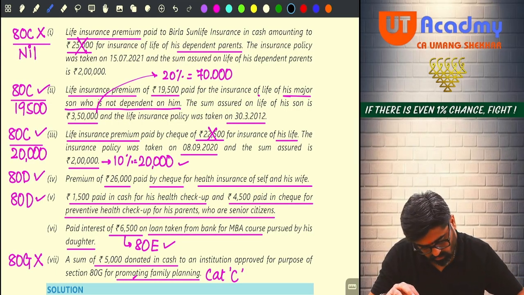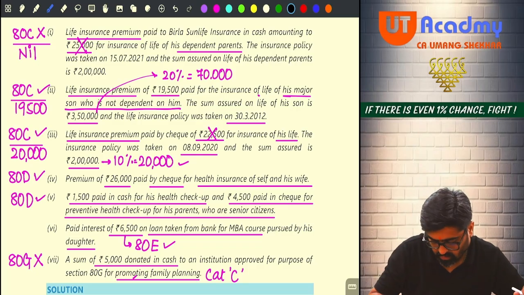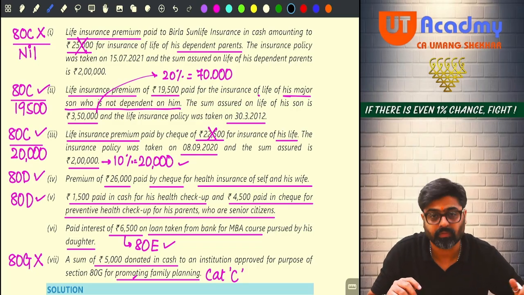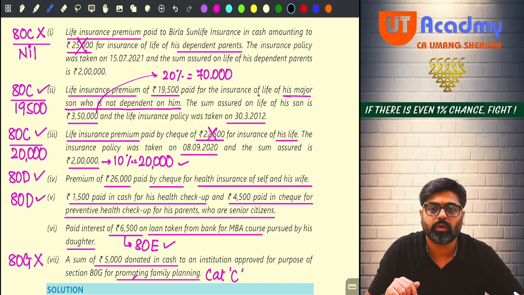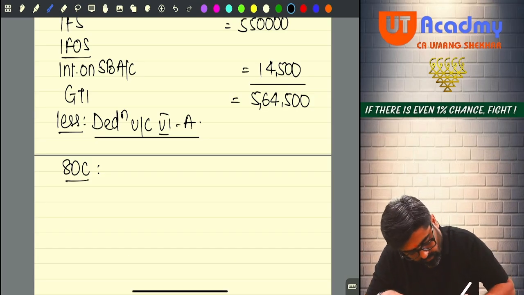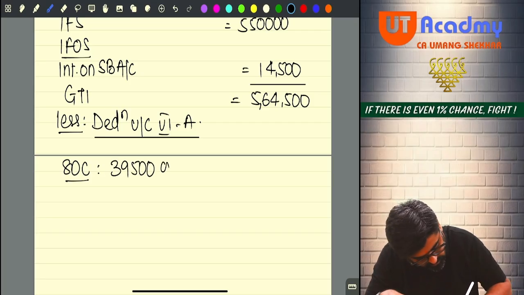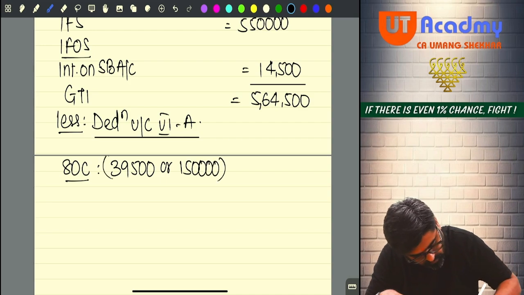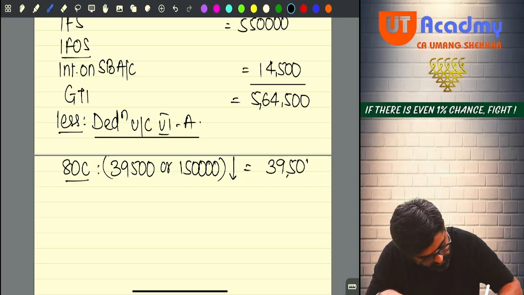Two premiums are there, 19,500 and 20,000. So it will be 39,500. So under section 80C, 39,500 or 1,50,000, whichever is lower. So 39,500 you are going to get here.